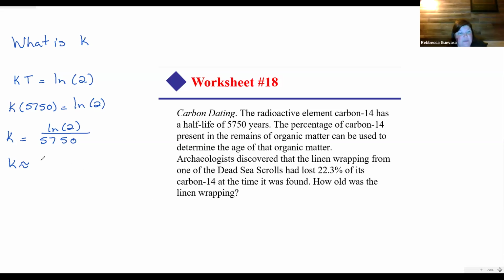But this comes out to, you might see something like 1.205 times 10 to the negative 4. That just means that I have to move my decimal place to the left 4. So the decay rate is 0.0001205.